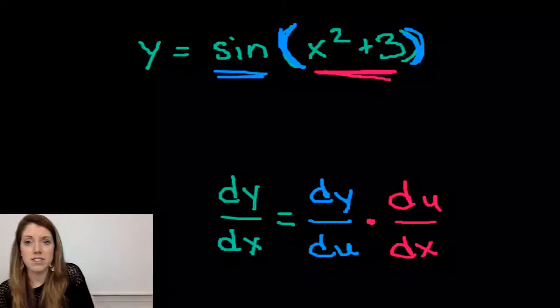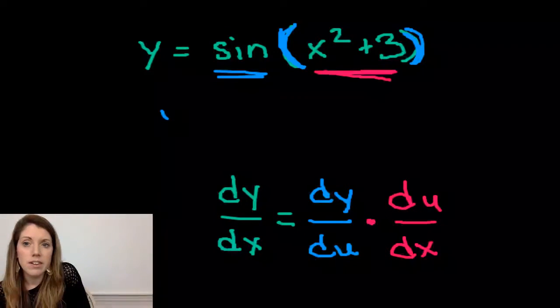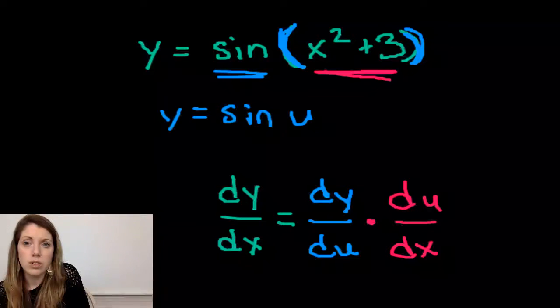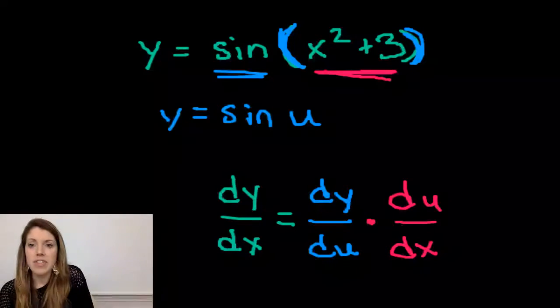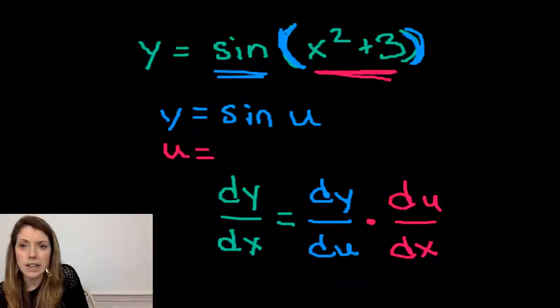So what that means is, let's think about y equals sine of x squared plus 3 in two parts. Y equals sine of u, and then the second part is that u is x squared plus 3.